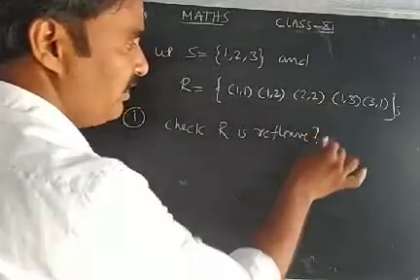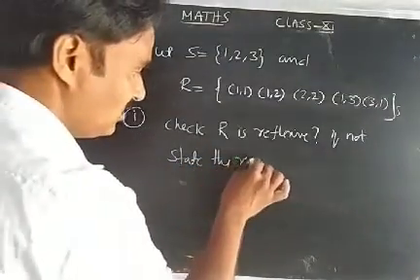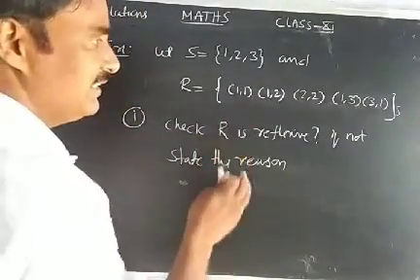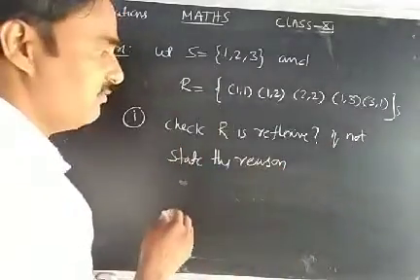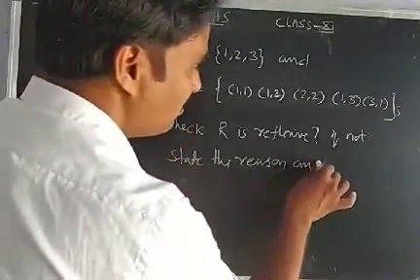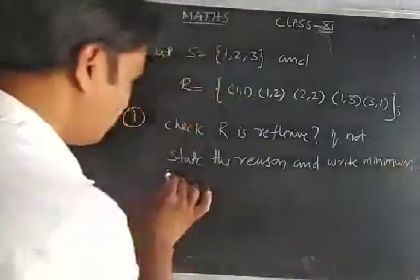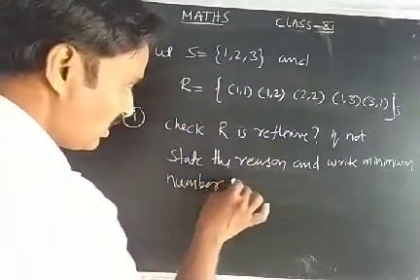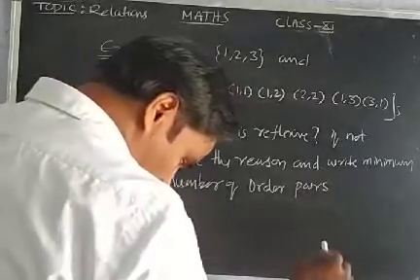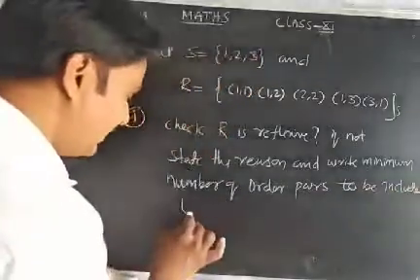If not, state the reason why it is not reflexive, and write the minimum number of ordered pairs to be included to make it reflexive.